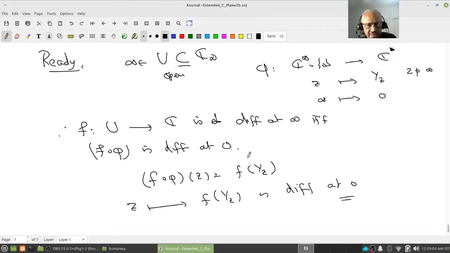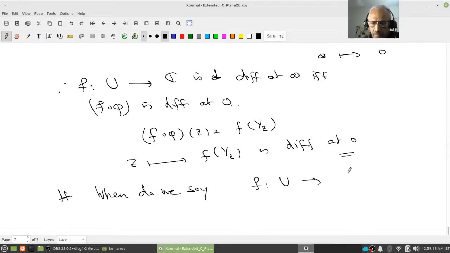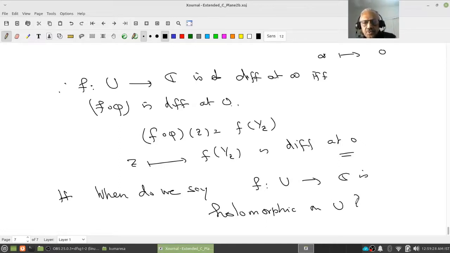Is this clear? Now when do I say F is holomorphic on U?